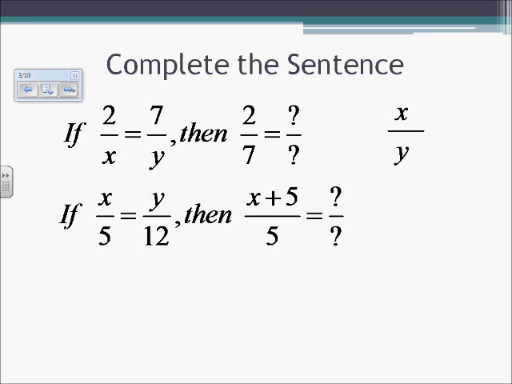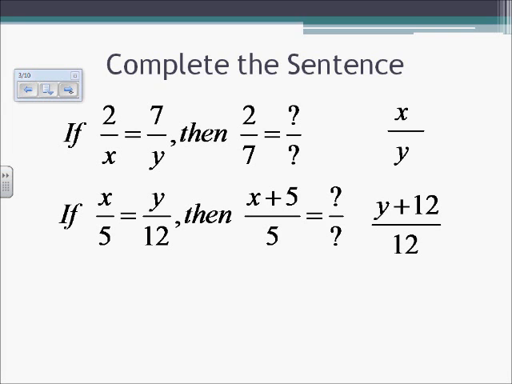Another. If x over 5 is equal to y over 12, then x plus 5 over 5 is equal to, this will probably use the second statement, y plus 12 over 12.